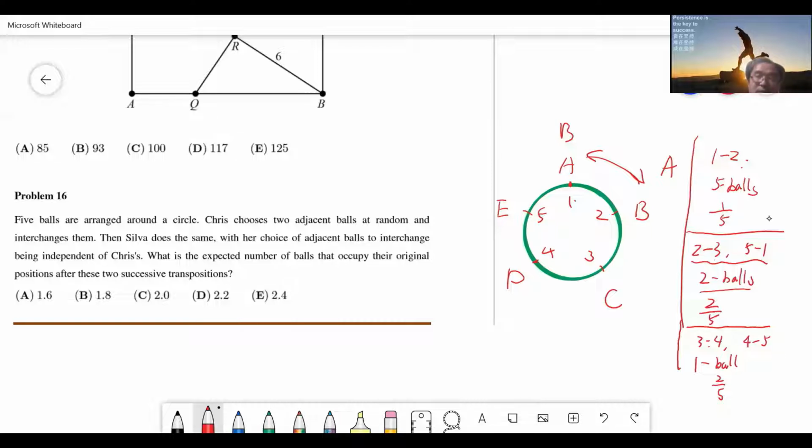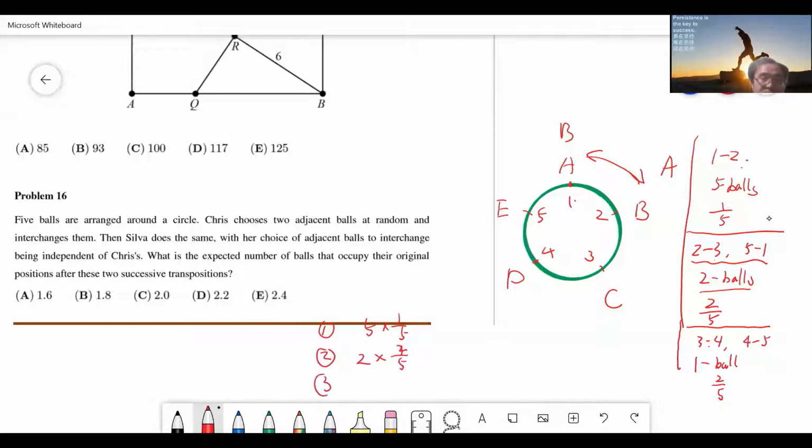So now we just need to find the expected value. The first case gives a contribution of 5 times 1/5. The second one will be 2 times 2/5.